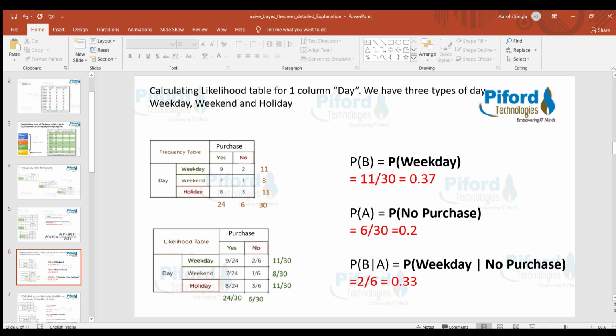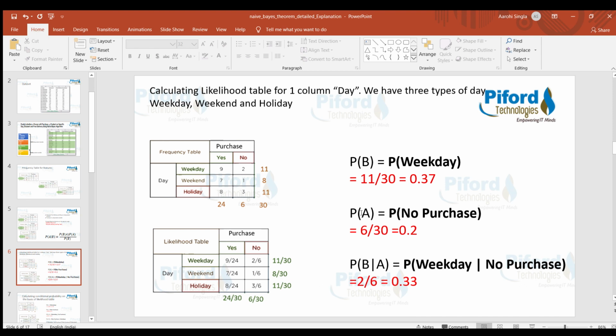And then this is the probability of A, the dependent variable. Dependent variable means we are talking about purchase. In the purchase column we have two kinds of data, so we need to solve separately for both. First I'm solving for no, and then I'll solve for yes in the next slide.